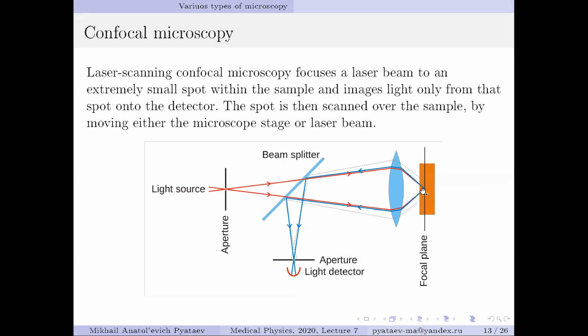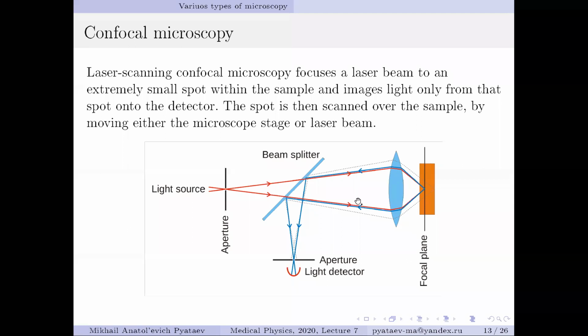And when light goes back, it comes through a small aperture diaphragm, and that's why the depth of sharp vision becomes very low, and it allows us to see the objects located at some focal plane without signal from the planes below it, which are closer and farther than the focal plane.